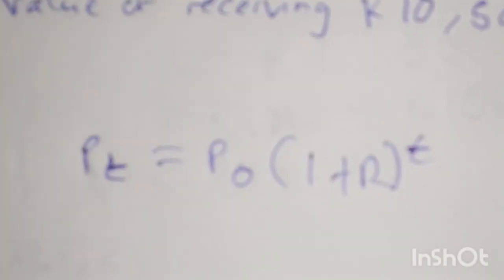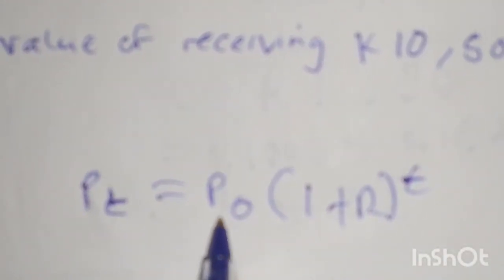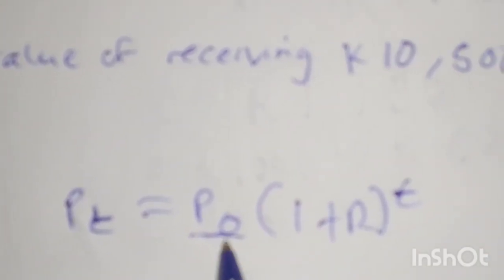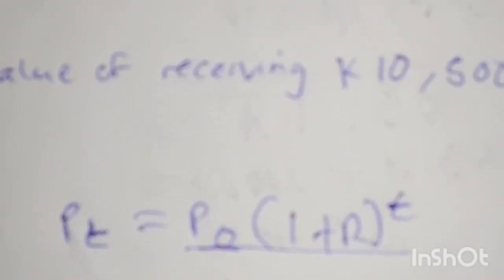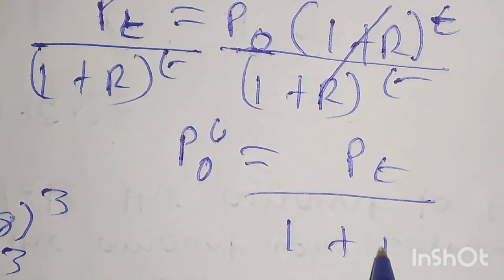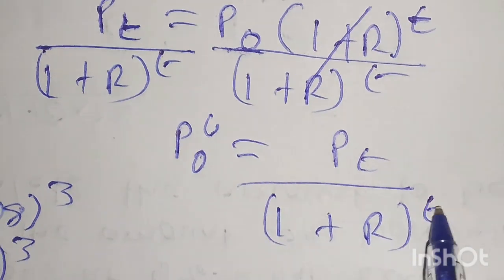We have been told to find the present value. So to find the present value, what we're going to do is divide by 1 plus r to the power t. So present value is equal to future value over 1 plus r to the power t.